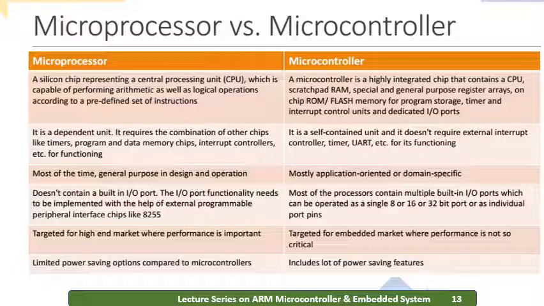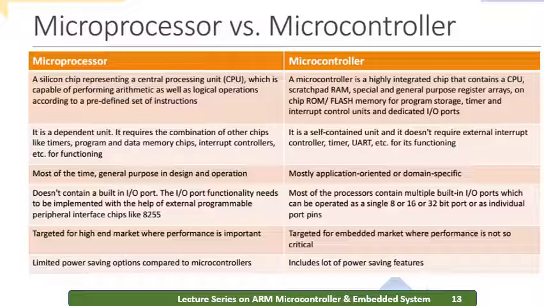Whereas the microcontroller has multiple I/O ports, 8-bit, 16-bit or 32-bit depending upon what is required. Microcontrollers are targeted at the embedded market, where the performance is not that critical, until and unless we talk about hard real-time systems.